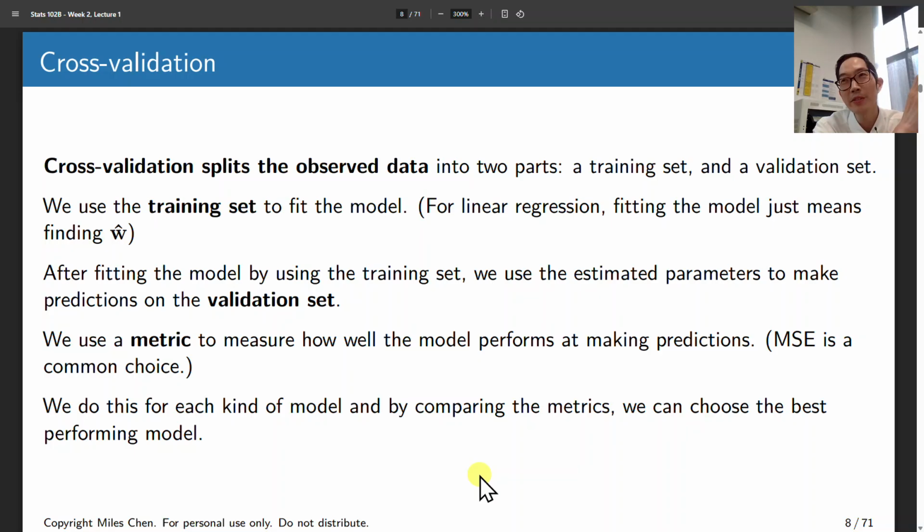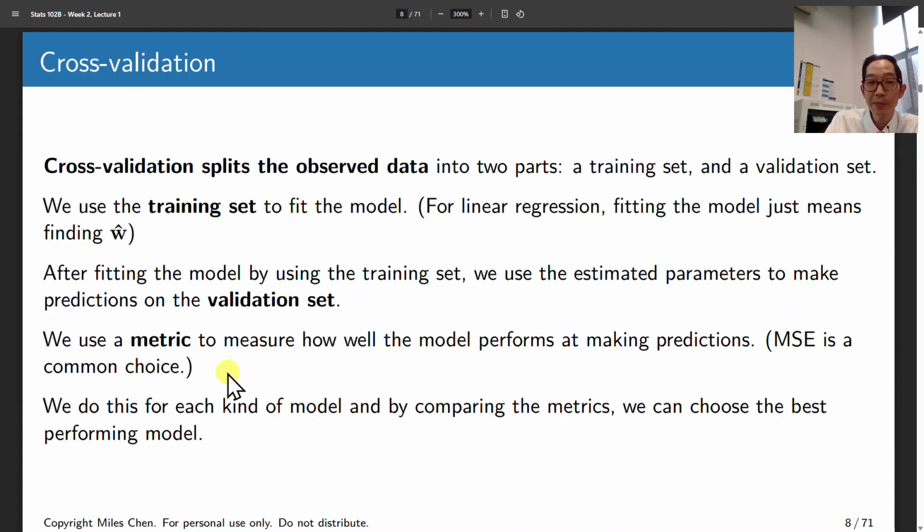And when we say things like fit the model, that just means finding our fitted coefficients, finding the intercept and the slope, or your W terms or your beta terms for linear regression, or whatever weights you have in your model. We use that. And then after we fit the model to that training set, we take those estimated parameters, W hat, and we make predictions on the validation set that we kind of separated out at the beginning.